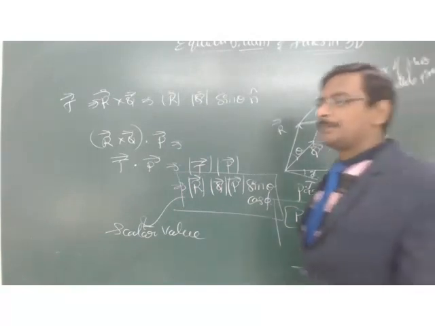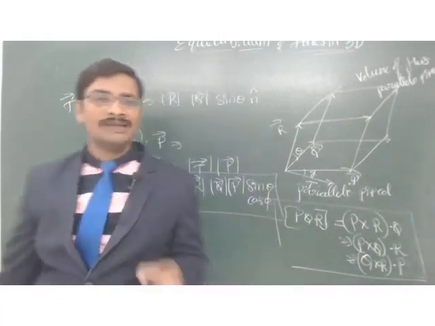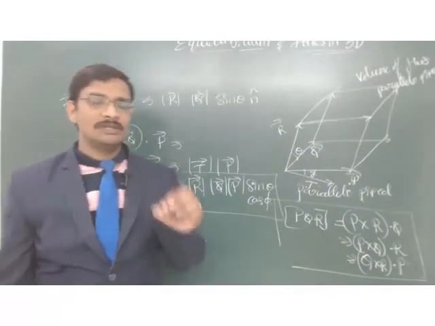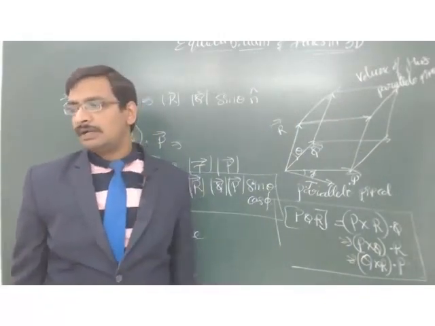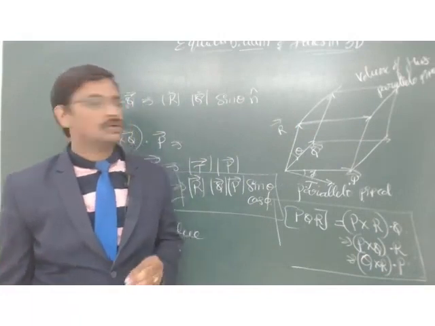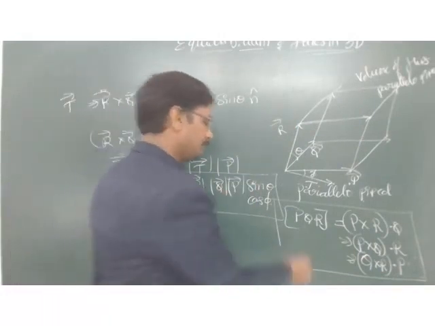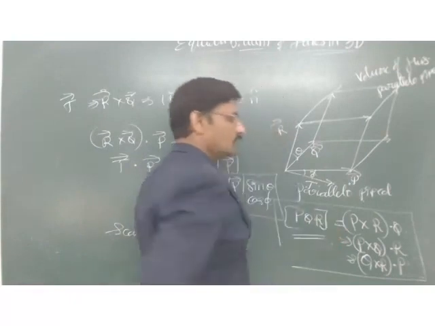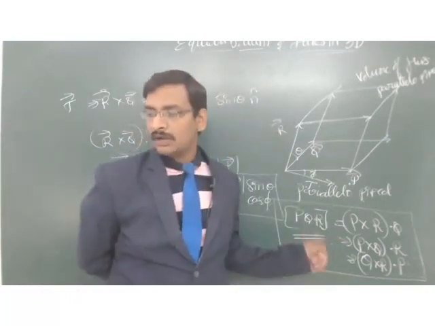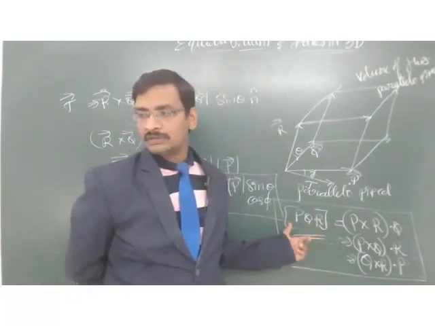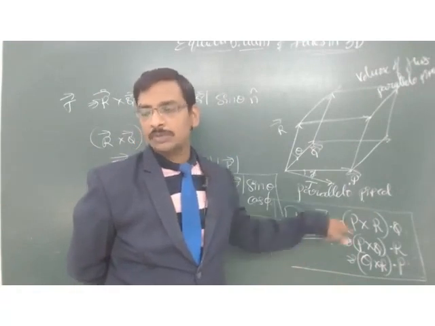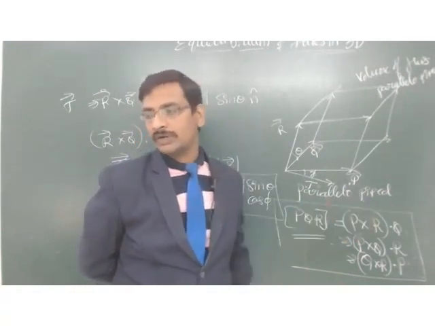So a scalar triple product always represents a volume formed by those three vectors, right? That is the fundamental understanding. So the scalar triple product is represented in a standard form like this, which essentially means that you can take the cross product between any two vectors, and then take the dot product with the third vector.